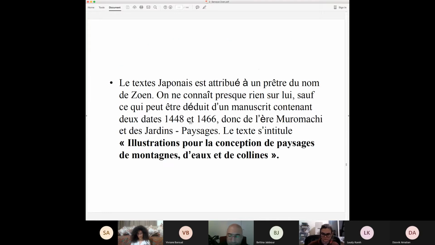The Japanese text is attributed to a priest by the name of Zoen. We know almost nothing of Zoen.